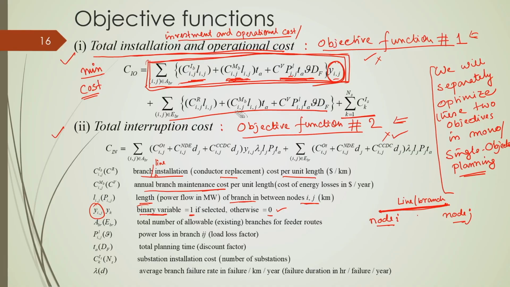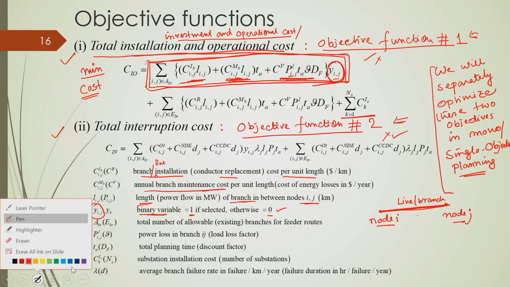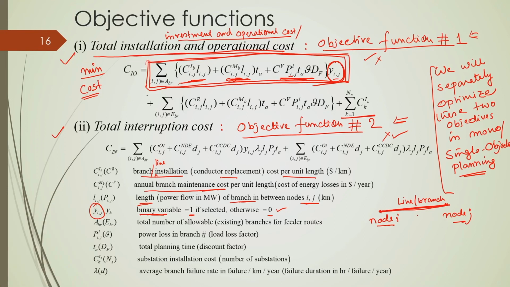Okay. Now, what is that second cost component? This cost component has three components, one is this, another is this, another is this. The first component is related to conductor replacement, this is maintenance and this is energy loss.